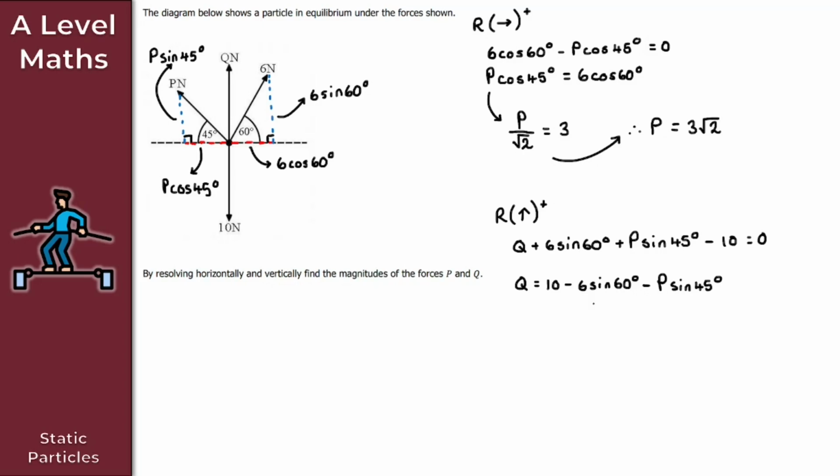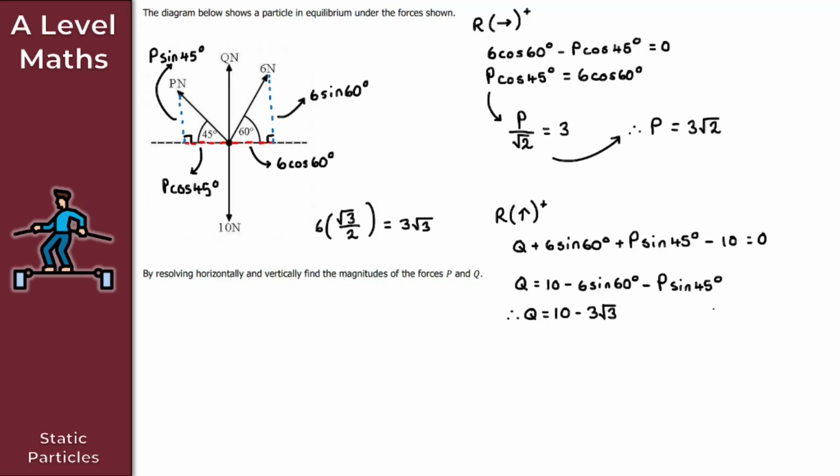Okay, well, sine of 60 degrees here, that is root 3 over 2. So 6 lots of root 3 over 2, that would just be 3 root 3. Okay. I get 10 minus 3 root 3.